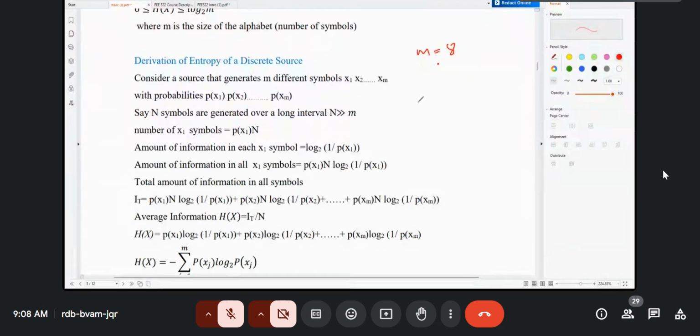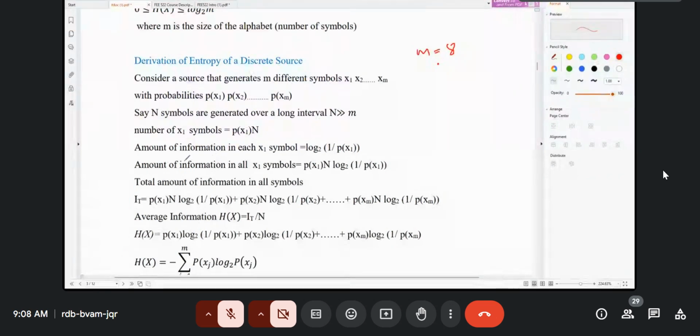Because that's what we did with abracadabra when you said the probability of A is 5 over 11. It is because 5 over 11 times 11, which is the number of symbols, is 5.